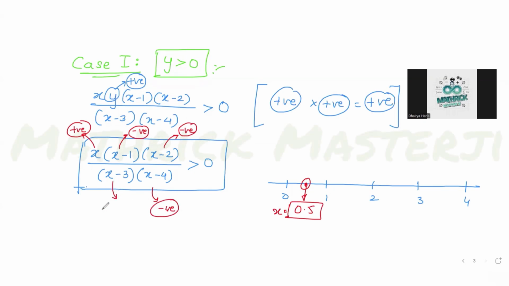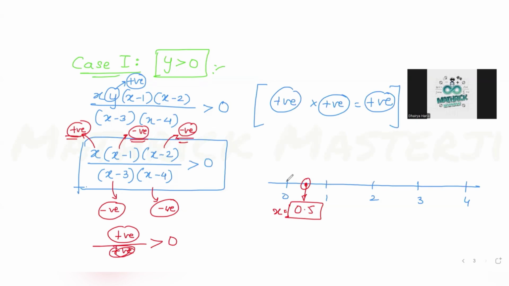And 0.5 minus 3 is also a negative value. So I have positive times negative, which is positive into positive. And here also negative into negative is also positive. So positive over positive I'm getting, and that's basically positive, which is greater than 0.